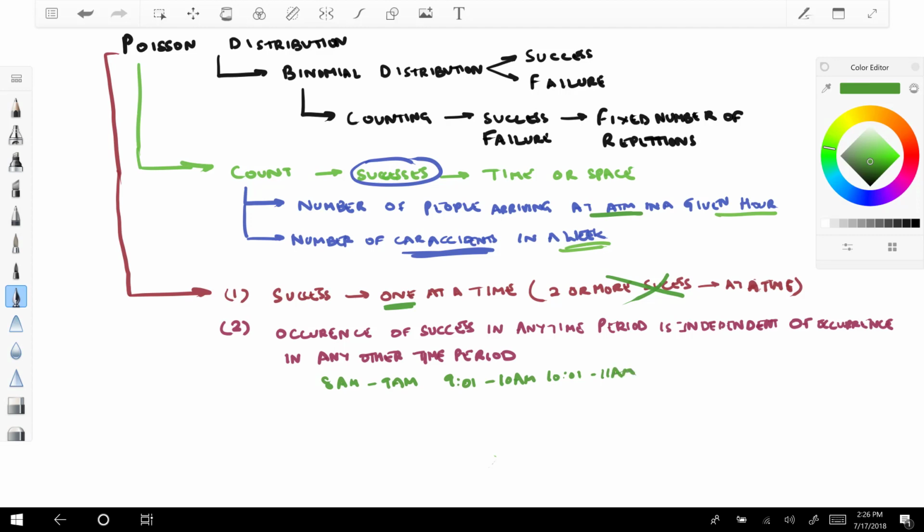The number of people coming from 8 to 9 a.m. does not impact the number coming from 9 to 10 a.m. So it's a logical condition. If we have these two conditions, then we can say the variable is a Poisson random variable.